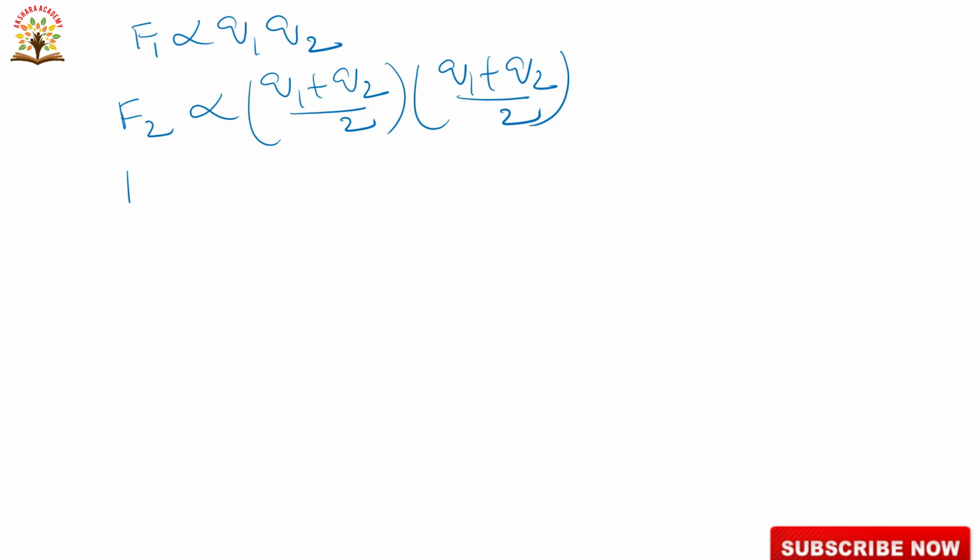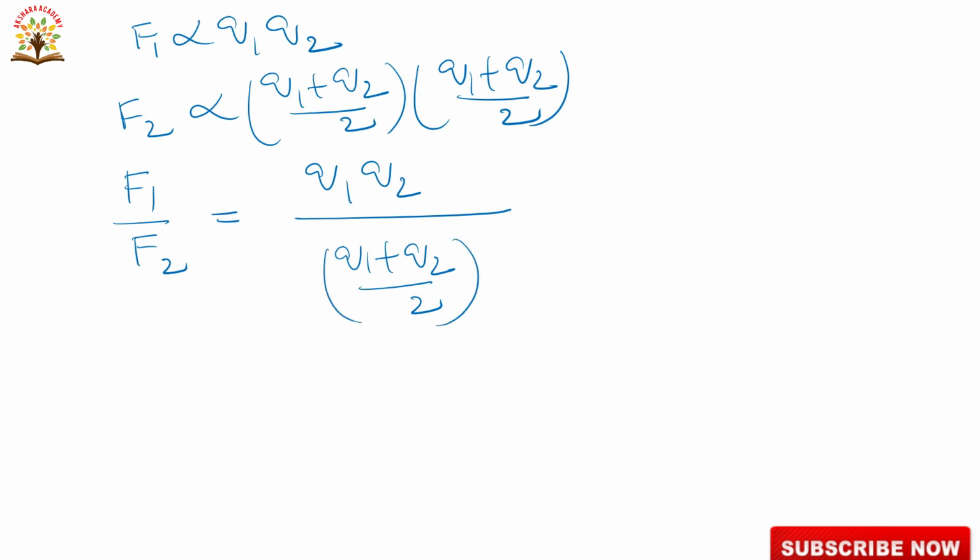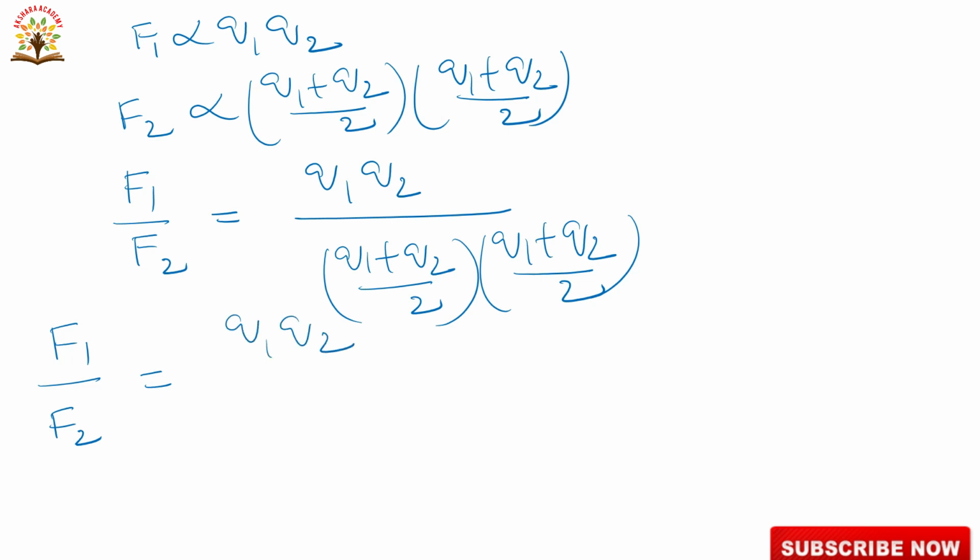So from this we write F1 by F2 is equal to Q1 Q2 by Q1 plus Q2 by 2 into Q1 plus Q2 by 2. So F1 by F2 is equal to Q1 Q2, the two 2s are 4, so we get 4 Q1 Q2 by Q1 plus Q2 into Q1 plus Q2, which becomes Q1 plus Q2 whole square.